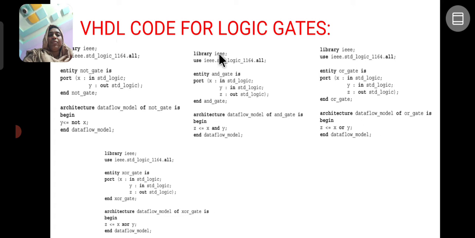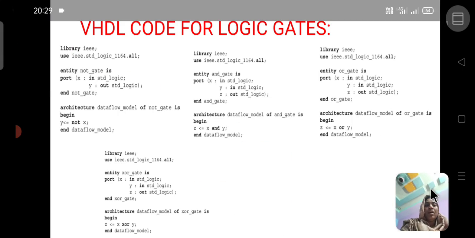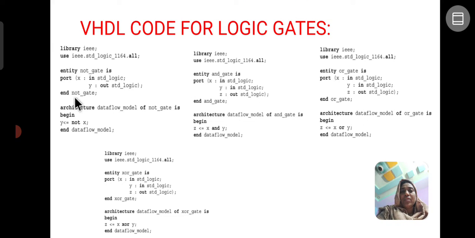These are the different VHDL codes. The first one is for the NOT gate. For the NOT gate we have only one input. First is the library declaration. Next is the use package declaration, IEEE.std_logic_1164.all.